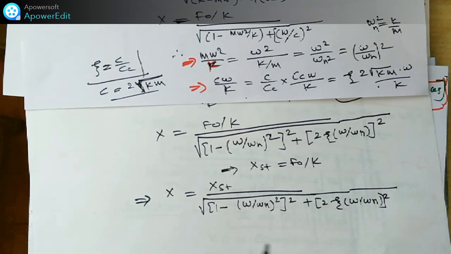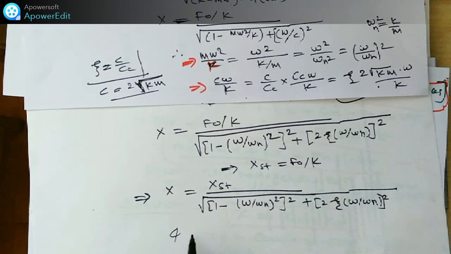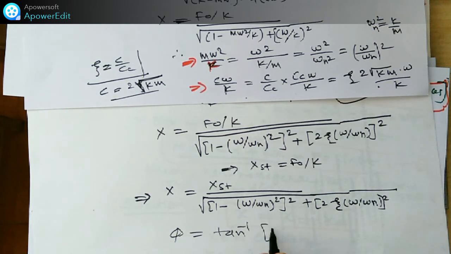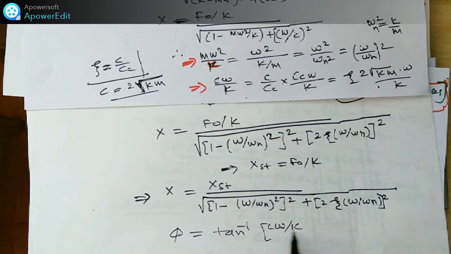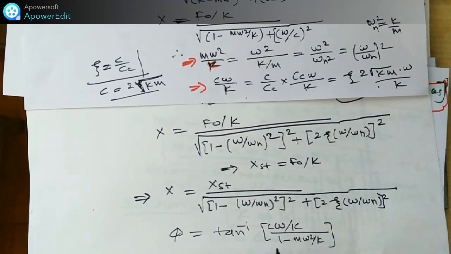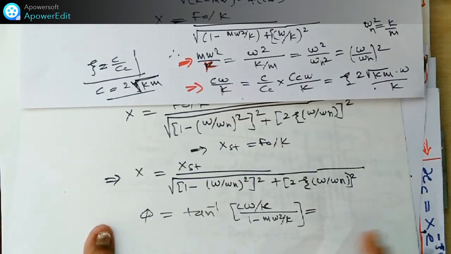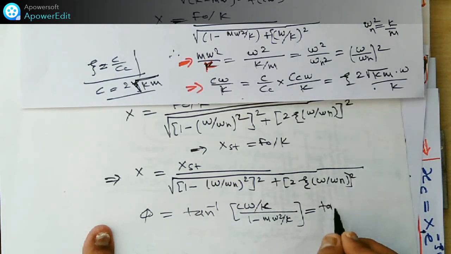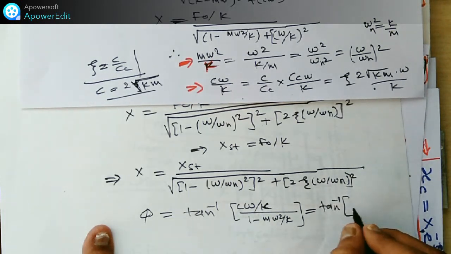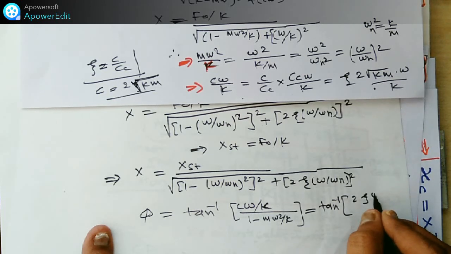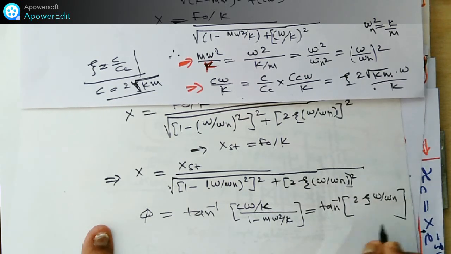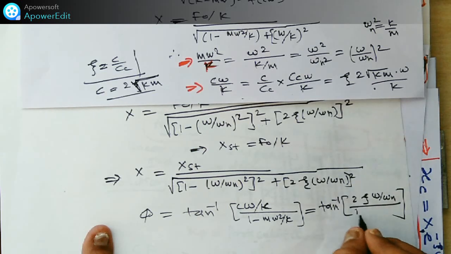And we know that phi is equal to tan inverse of c omega by k upon 1 minus m omega square by k. We know the values of c omega by k and m omega square by k, and putting these values in this equation, converting in the form of omega by omega n, we get phi.